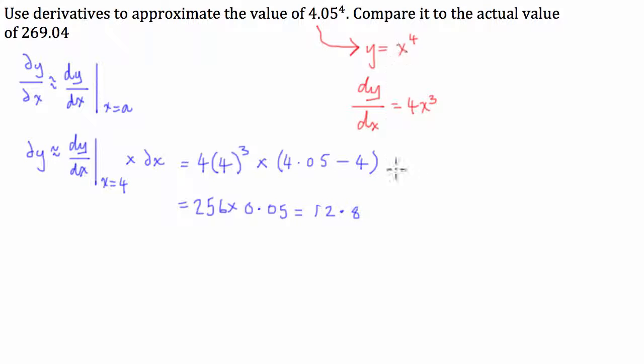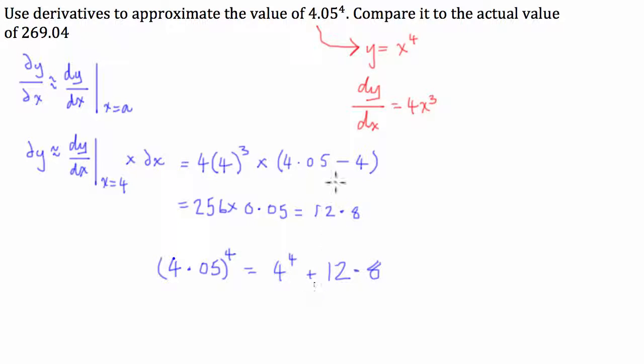So what we're going to do for our approximation is get what y is at x equals 4, and then add 12.8 to it. So our approximation of 4.05 to the power of 4 is going to be equal to 4 to the power of 4 add this change in y, which is 12.8.